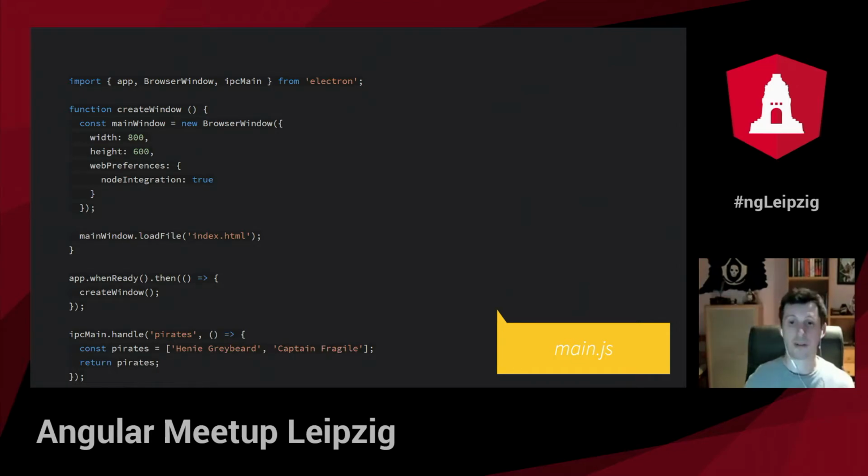The handle method takes two parameters. The first one is the name of the channel that we want to set up so that we can communicate with the other end. And the second parameter is the function that will be called when someone sends a message to the pirates channel. So in this case, we just return a list of pirate names.